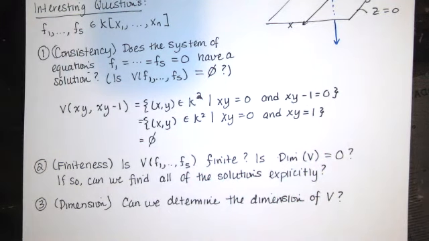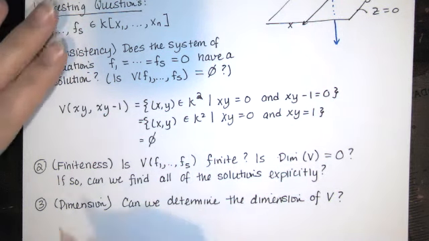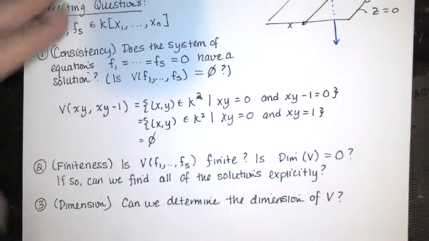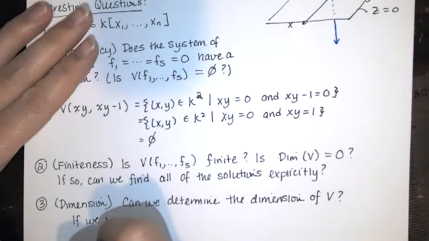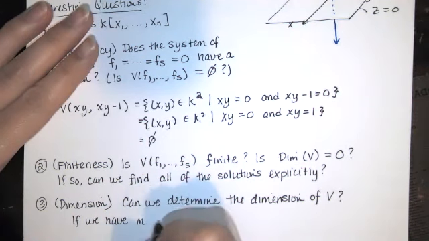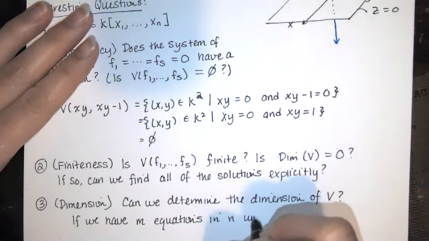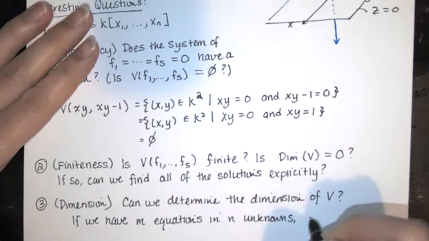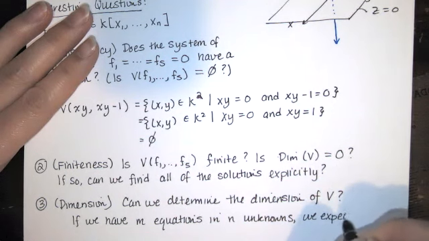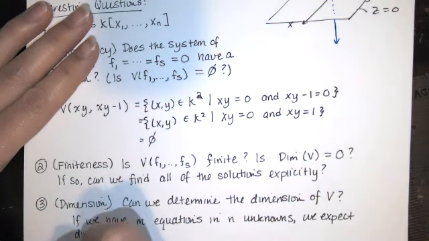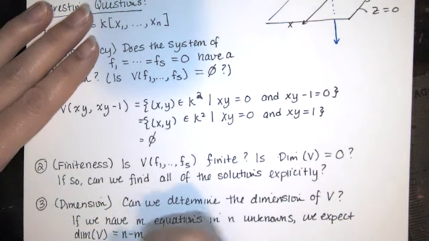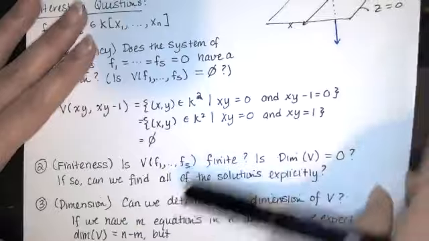Like we talked about last time, if we have m equations and n unknowns, we might expect the dimension of V to be n minus m. But we know that that's not always the case.